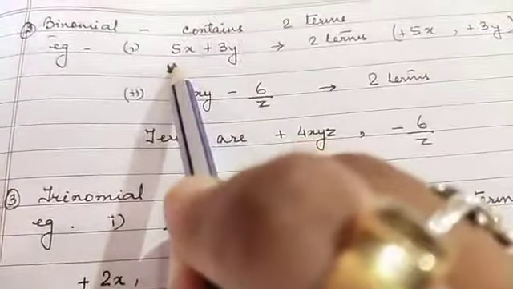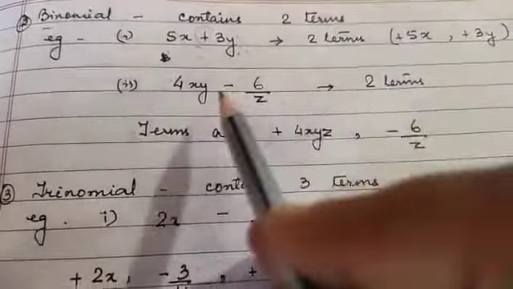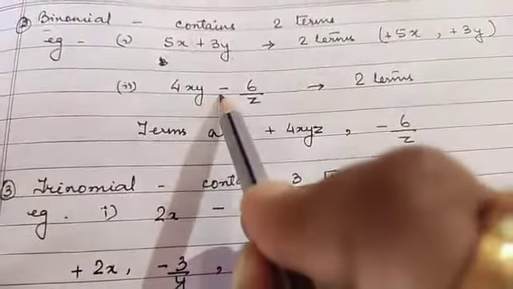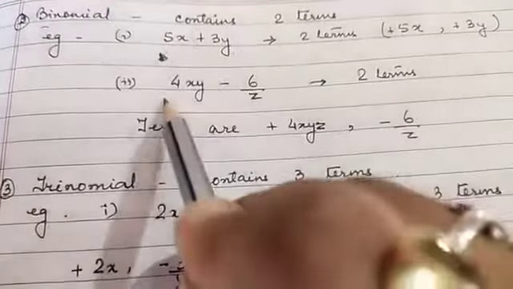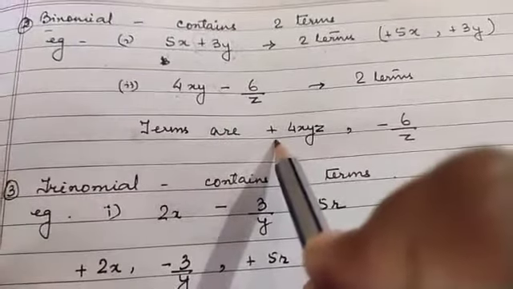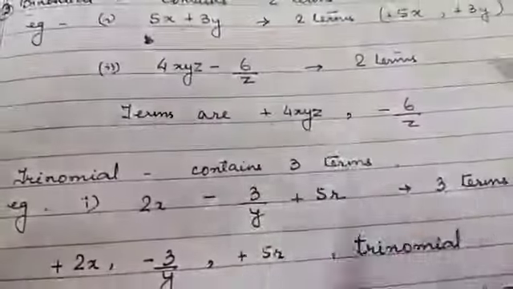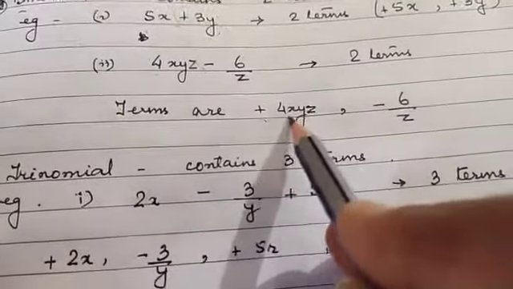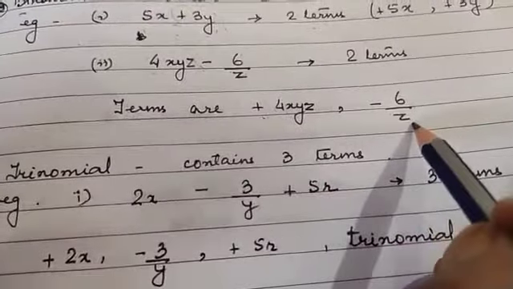One is plus 5x and another one is plus 3y. 4xyz minus 6 by z. Minus sign in between. So two terms. One is plus 4xyz and the second one is minus 6 by z.